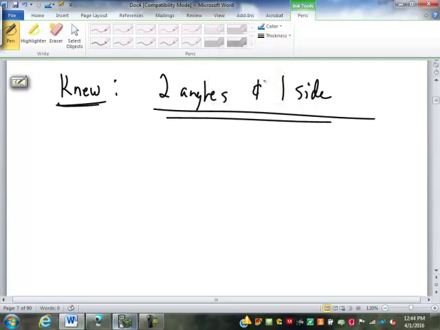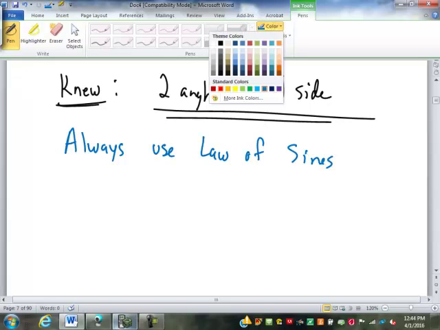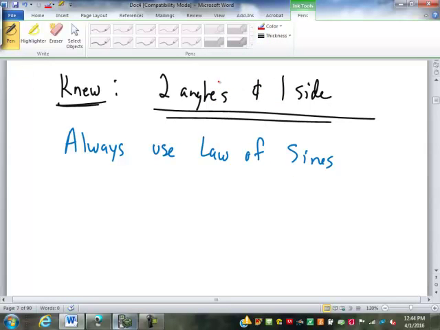When we know two angles and one side, we can always use law of sines. Why can we always use law of sines? Well, because when we know two angles, we know the third angle really easily. So we will always have a side and its opposite angle, no matter what.